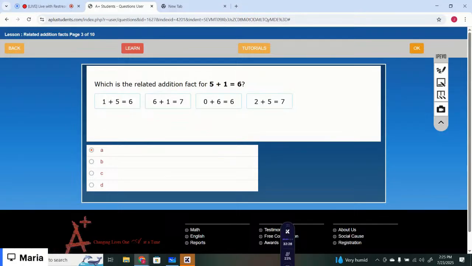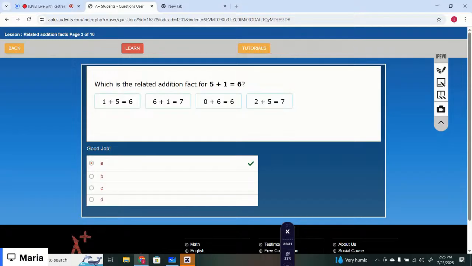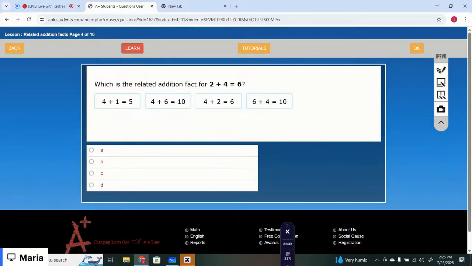Next: which is the related addition fact for 2 plus 4 equals 6?